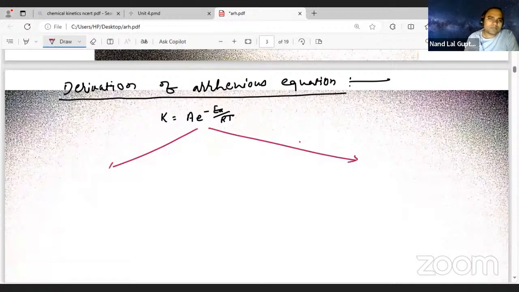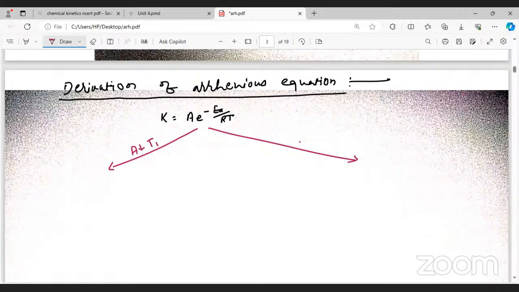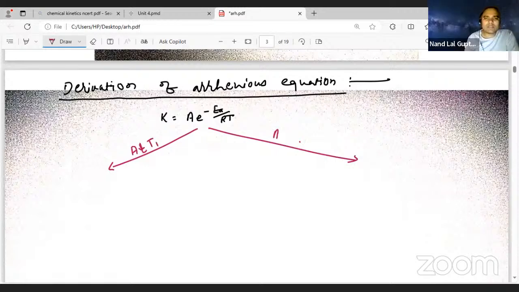If the temperature is T1 and here the temperature is T2, we take the log.